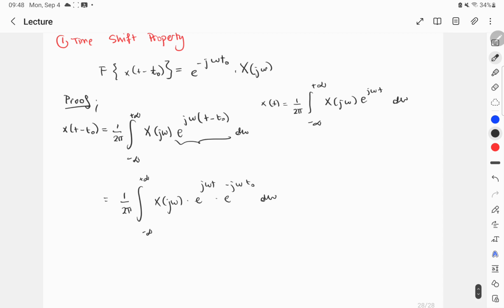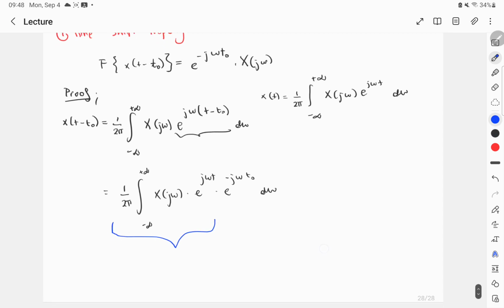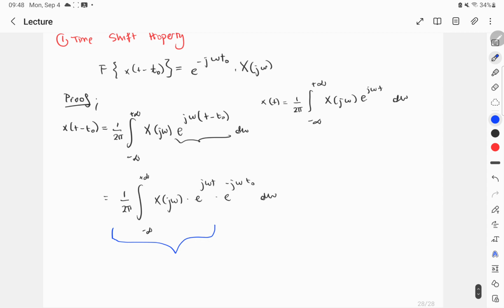So as we can notice, this part is exactly the Fourier transform of the previous function x(t). So here we can write it like this. And this part only will come out, and it will be the coefficient of our Fourier transform.